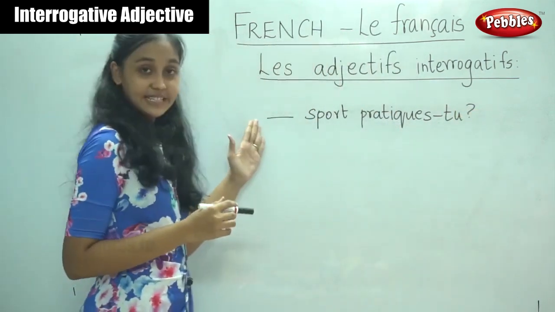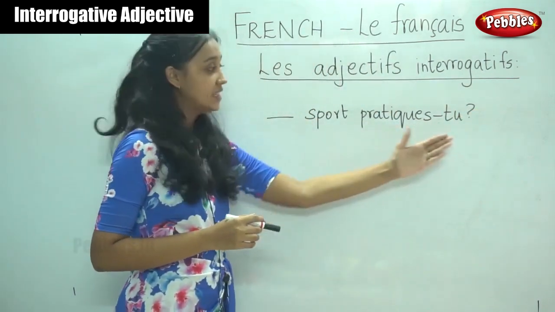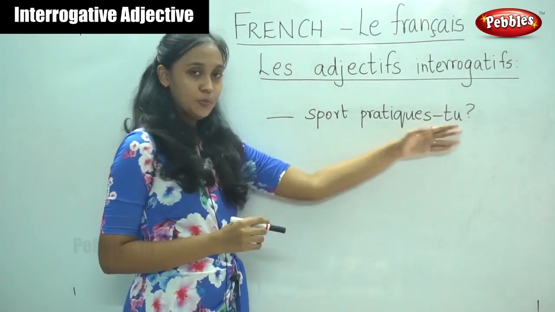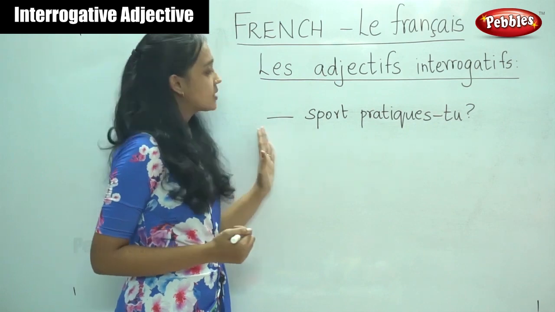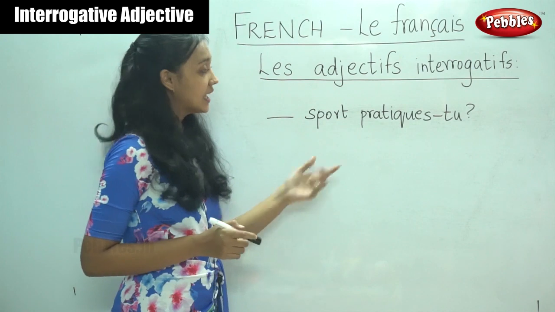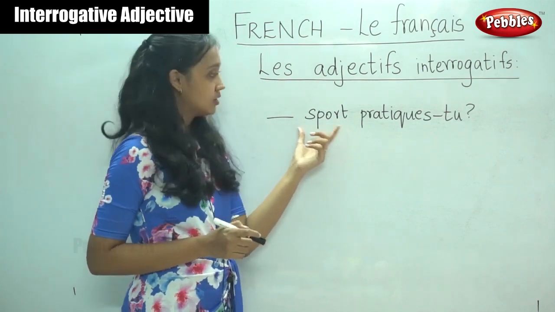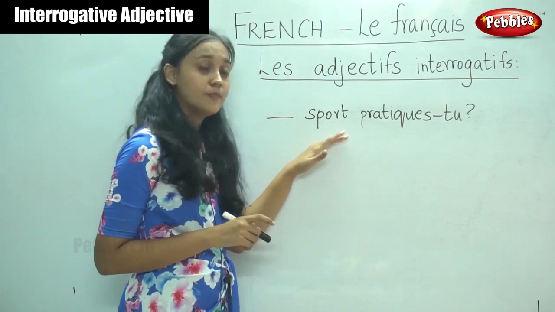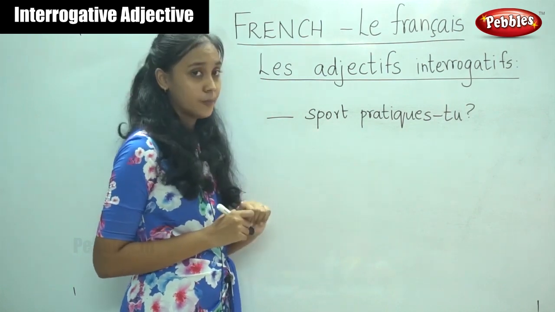So, dash sport pratiques-tu. Which sport or what sport do you practice? Now, we must identify the noun in this sentence. Which is the noun? Yes, it is sport. Now, is sport in the masculine or feminine form?